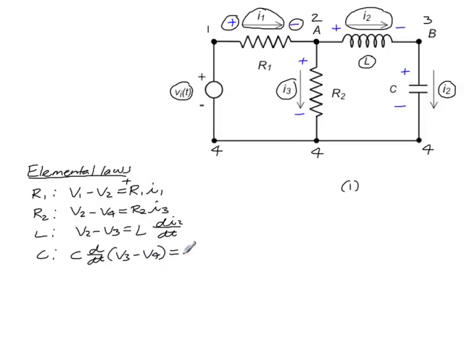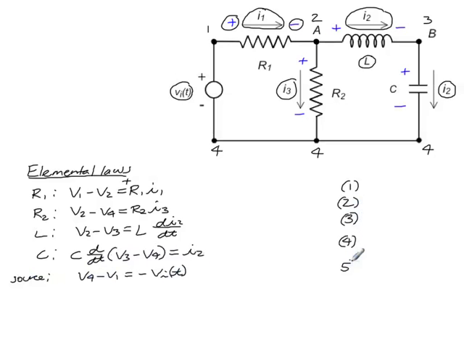We know that's equal to the current flowing through the capacitor, that's I2. And then for our source, if we go V4 minus V1, that's going to be minus VI, our input voltage there being VI. So I'll fill out the naming here. This is equation 2, 3, 4, and 5.